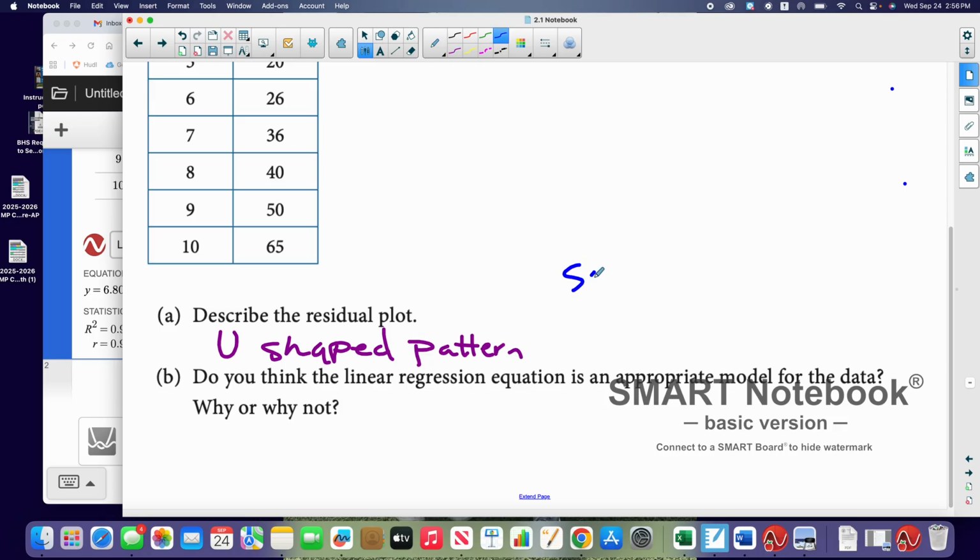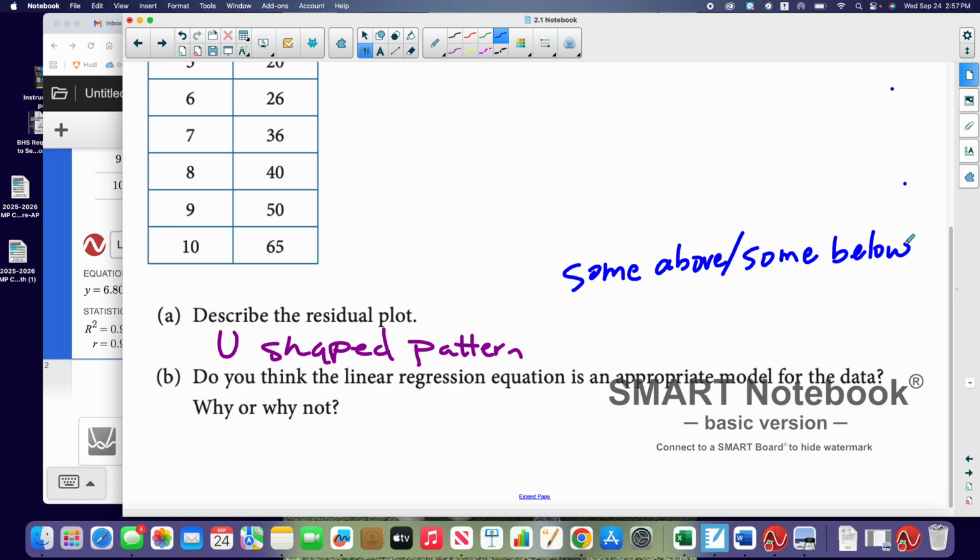We do have some above. We have some below. But because of this pattern, because of what's going on here, we're going to say that this is not an appropriate graph. It underestimates early, it overestimates, and it doesn't really go back and forth.